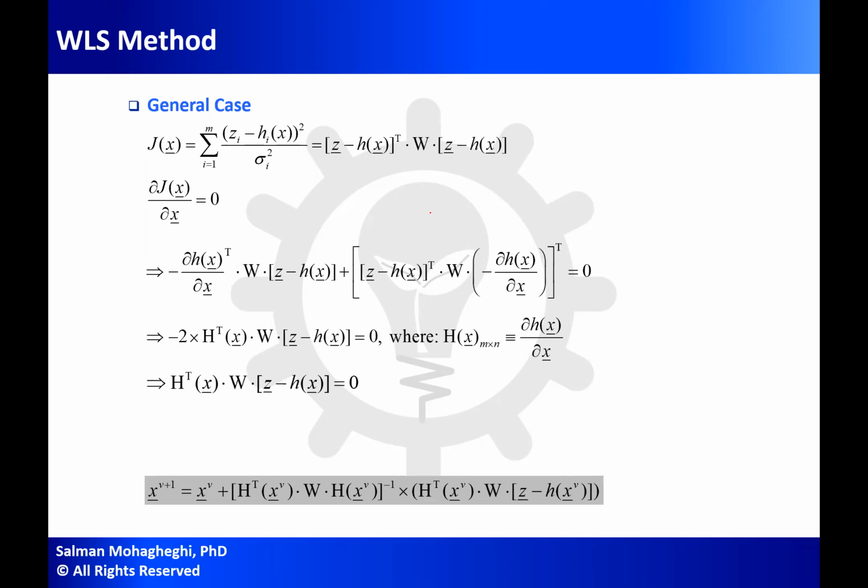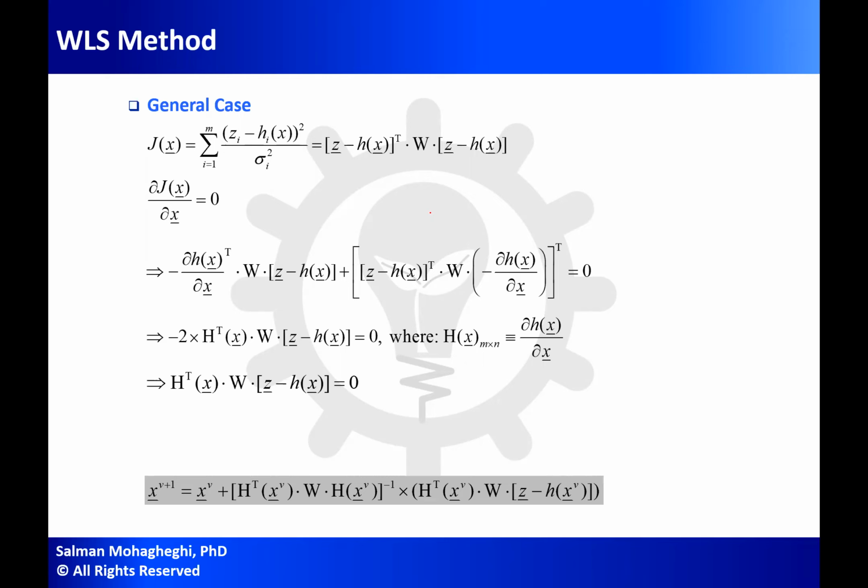Let's take a look at the dimensions of this equation. z is m by 1, and likewise h is m by 1. When I transpose the whole thing, it becomes 1 by m. Matrix W is a diagonal matrix whose main diagonal entries are 1 over the variances for different meters, so 1 over sigma 1 squared all the way to 1 over sigma m squared, and the off-diagonal entries are 0.